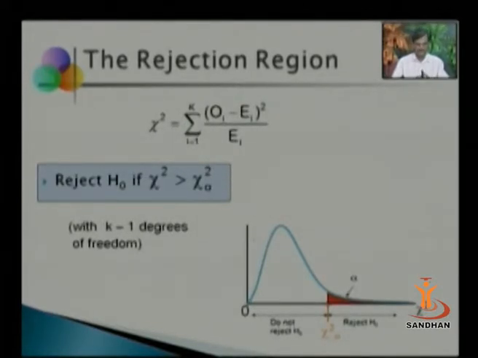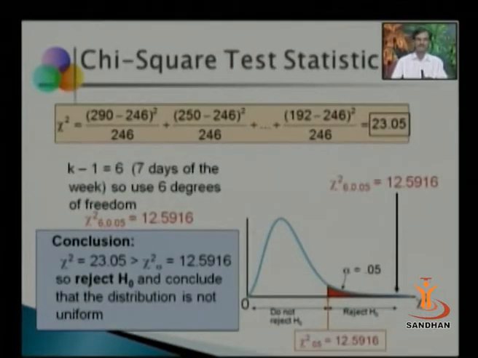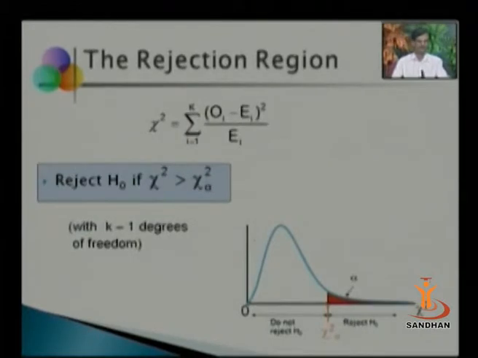The entire chi-square region is classified into two categories: one is called the rejection region, the red part, and the other is the acceptance region, where we accept the hypothesis. We use the test statistic, the summation of (Oi minus Ei) square upon Ei, where i is from 1 to k.